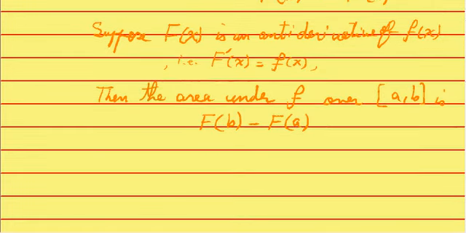Now in the previous lecture we took about half an hour to calculate a certain area or a certain definite integral. And now we are going to do it in 1 minute.